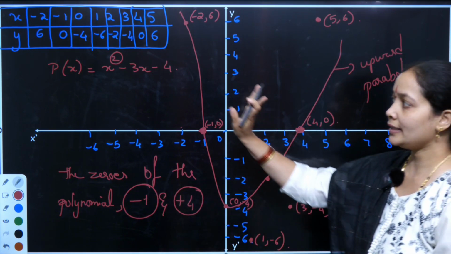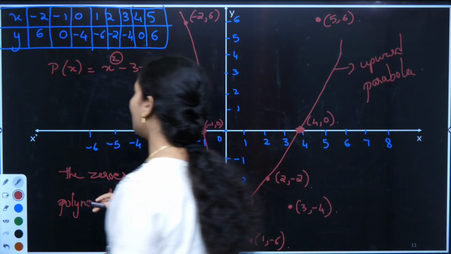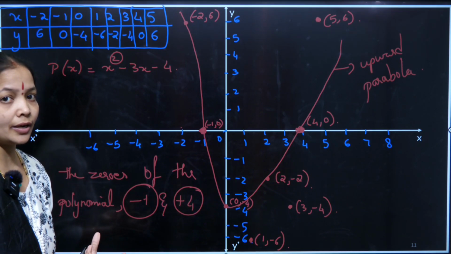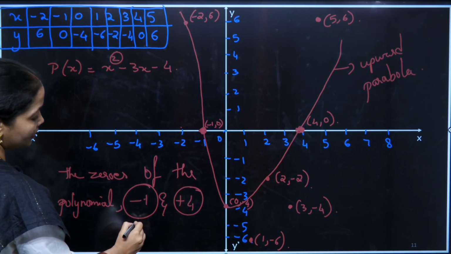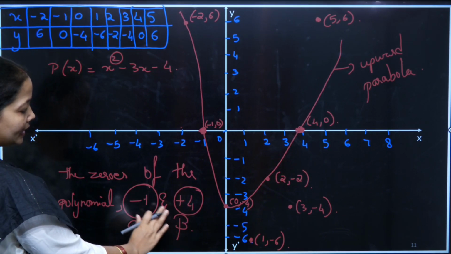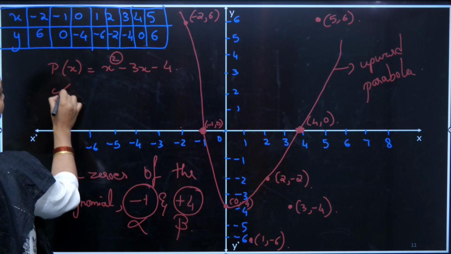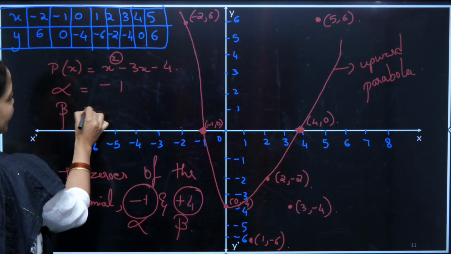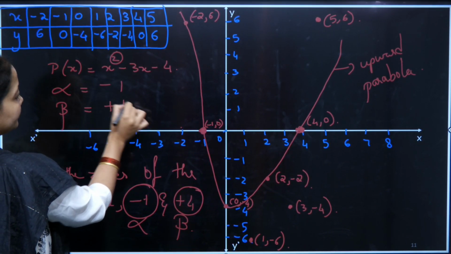So, we will call these the zeros of the given polynomial p of x, and since we are in class 10th right now, we will be giving the name of the zeros as alpha and beta. So alpha is negative 1, beta is positive 4. Alpha will be my first zero, which is negative 1. Beta is my second zero, which is positive 4.